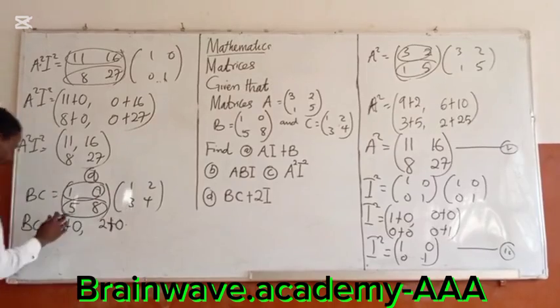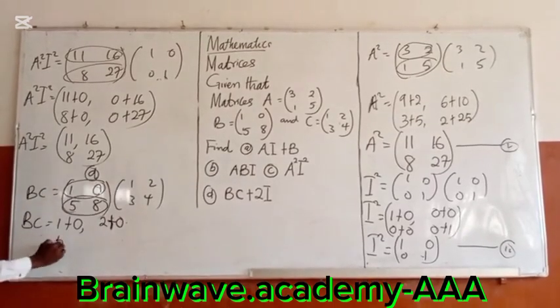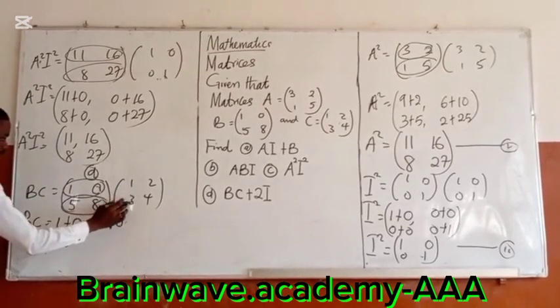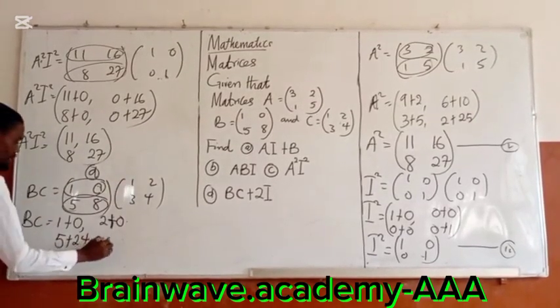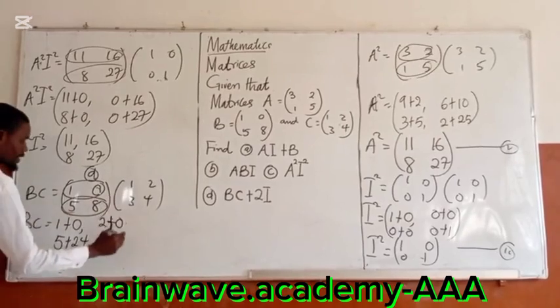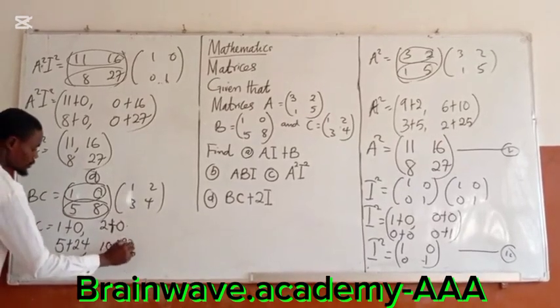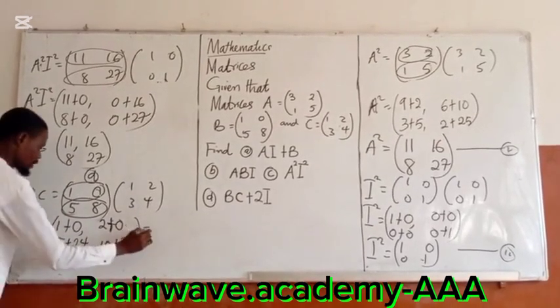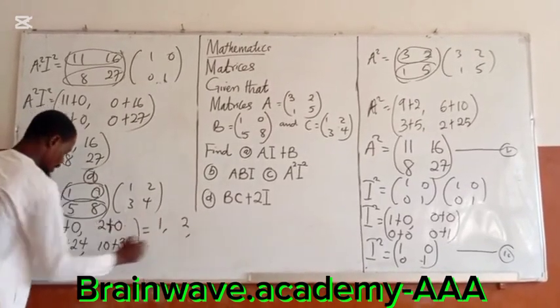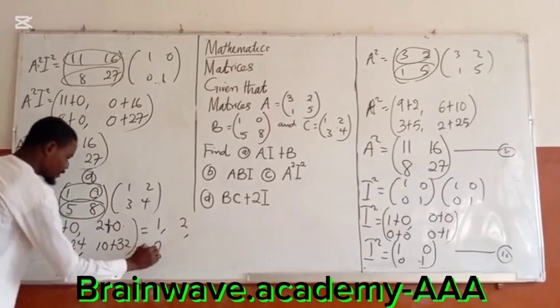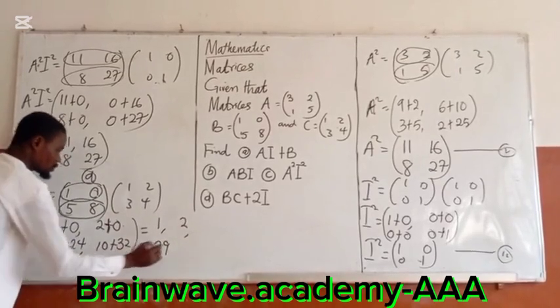Then the second row: 5 times 1 is 5 plus 8 times 3 is 24. Then 5 times 2 is 10 plus 8 times 4 is 32. So for BC we have 1 plus 0 is 1, 2 plus 0 is 2, 5 plus 24 is 29, 10 plus 32 is 42.